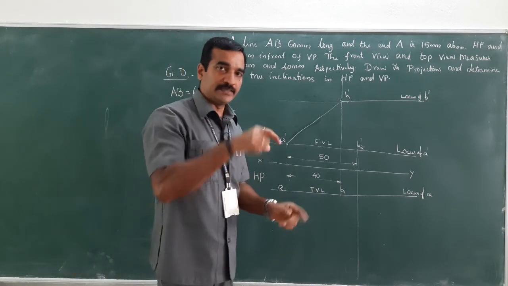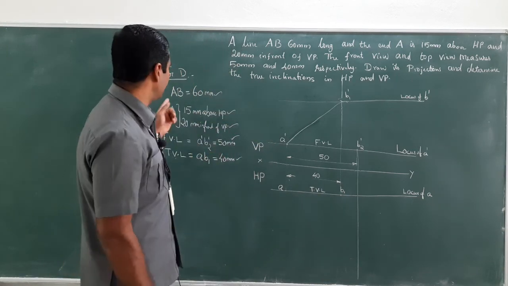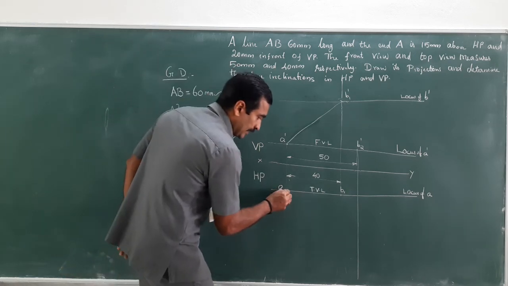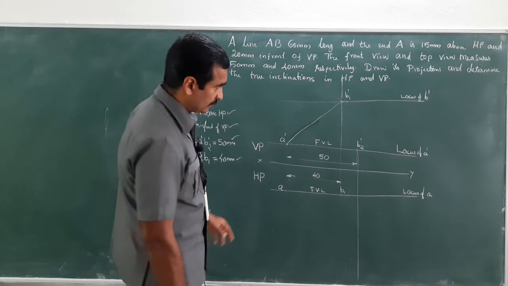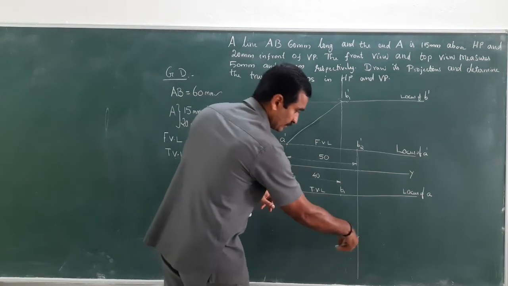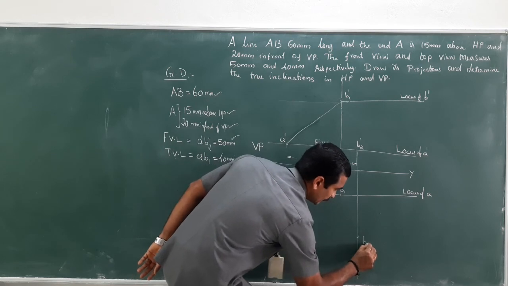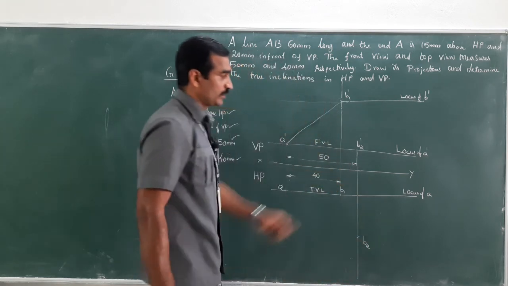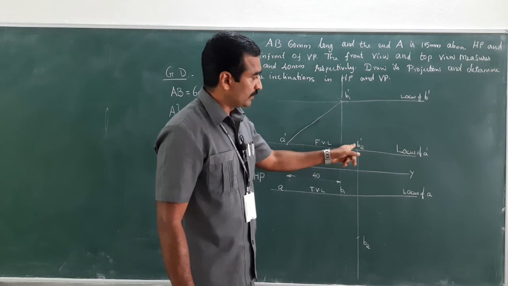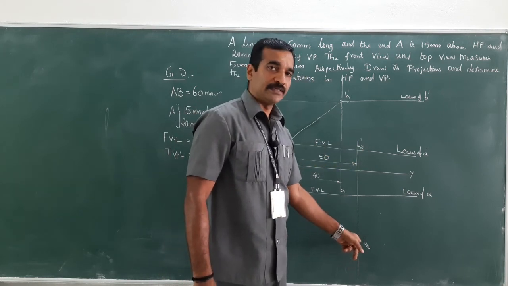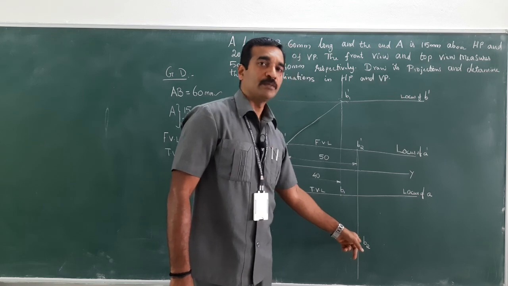Without changing the dimension of 60 mm, because it is the true length of this particular object, now with A as center, cut an arc. This could be B2, because in the top view it is B2 dash, therefore the point which you get here in the HP should be B2.